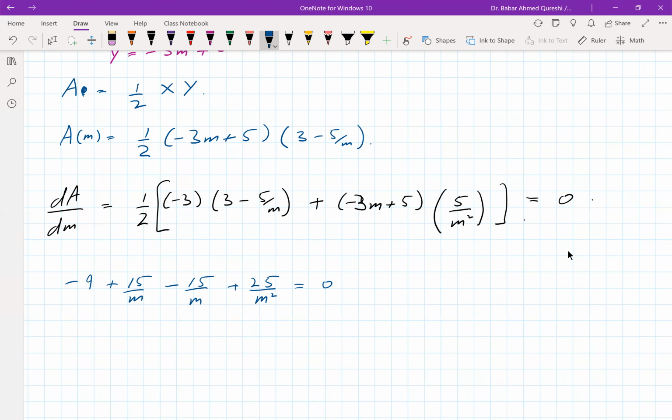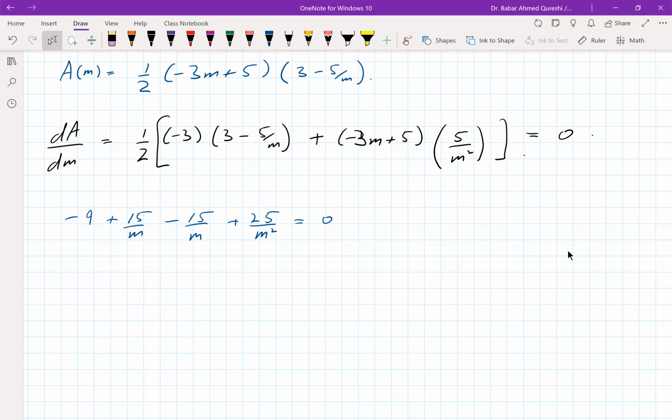3 times 3, 9, and half was outside. So minus 3 minus 5 over m. And so it seems like they cancel.